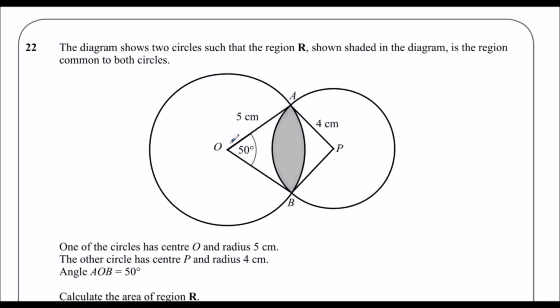So this is a radius, this is a radius as well, 5 centimeters. This is a radius, and this is a radius. They're both 4 centimeters. So what we can do, we're going to find the area of these two segments.